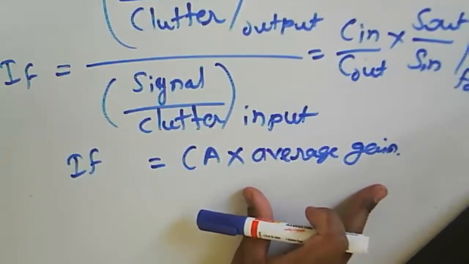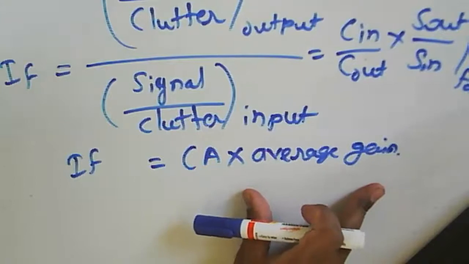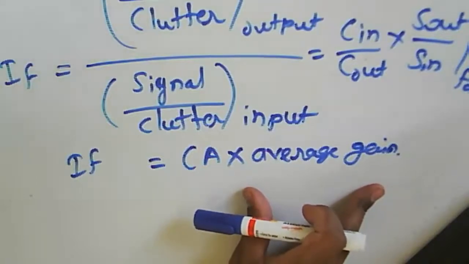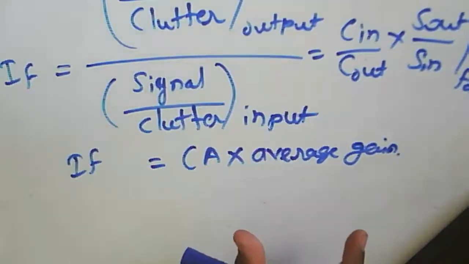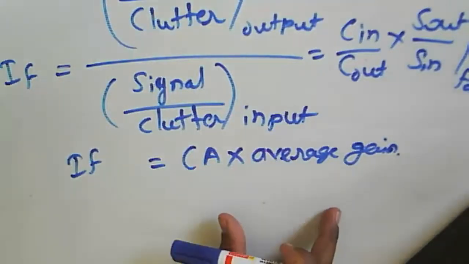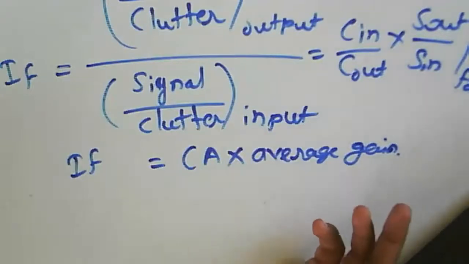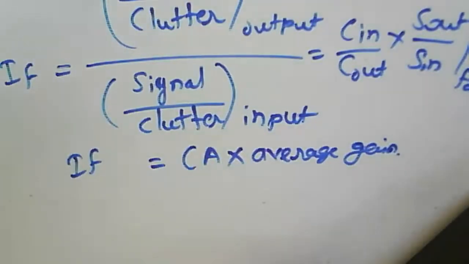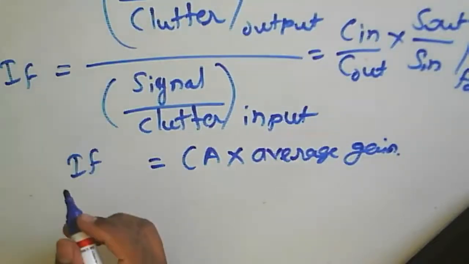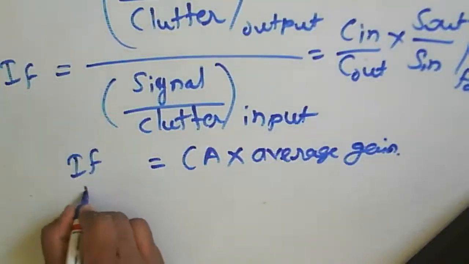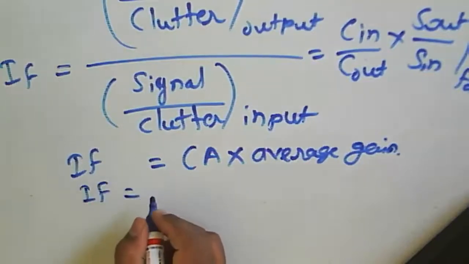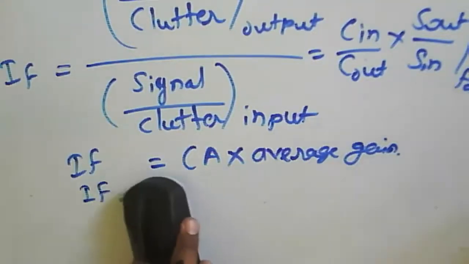Okay. So what will be the average gain of a single delay line canceller? Generally, the average gain of a single delay line canceller is 2. If we are using a double delay line canceller, then it will be 6. So what will be the improvement factor for the single delay line canceller as well as the double delay line canceller?